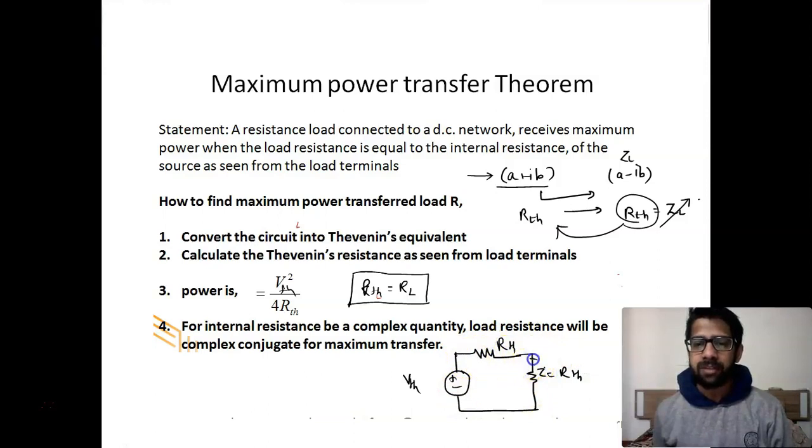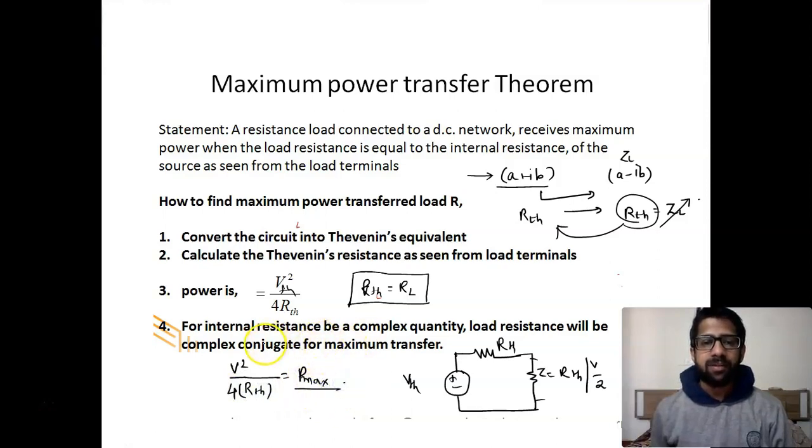So V by 2 and V by 2. Across this as well, we will have V by 2. Now, the maximum power is nothing but the power delivered to the load resistance. So this is nothing but V square by R. The voltage across this resistance is V by 2. So V by 2 square is V square by 4, and we are dividing it by RTH. So this is our maximum power delivered.